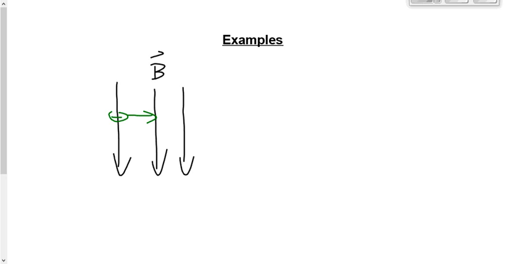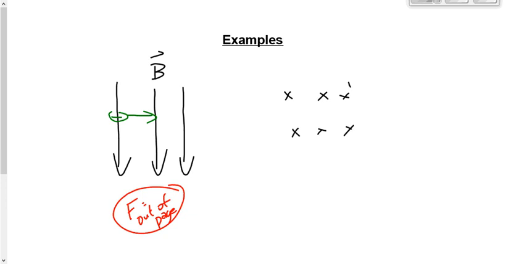Okay, let's try another one. Let's say this time we have a magnetic field represented by these X's. Let's say we've got a charged particle, once again, moving to the right, but we'll make it a positively charged particle this time. Is that charged particle moving perpendicularly through the magnetic field? Yep.